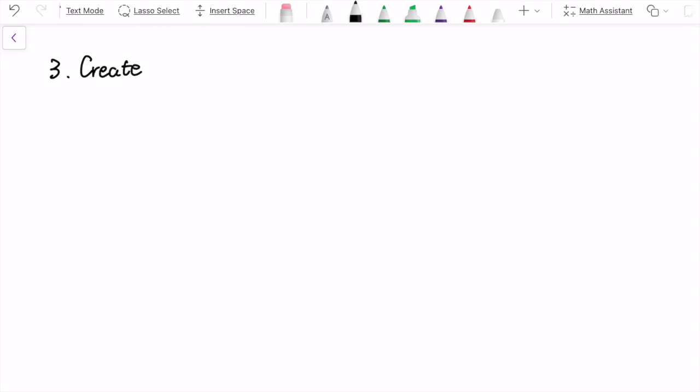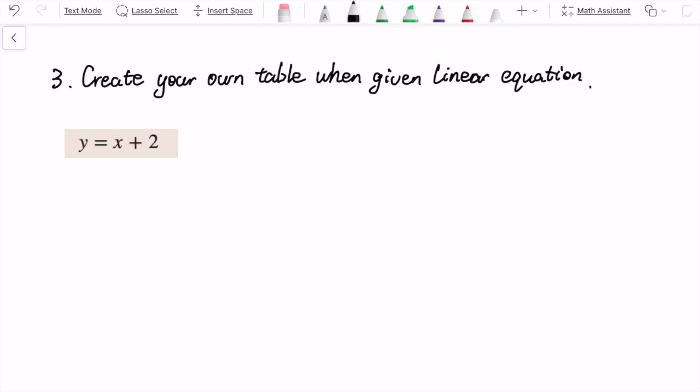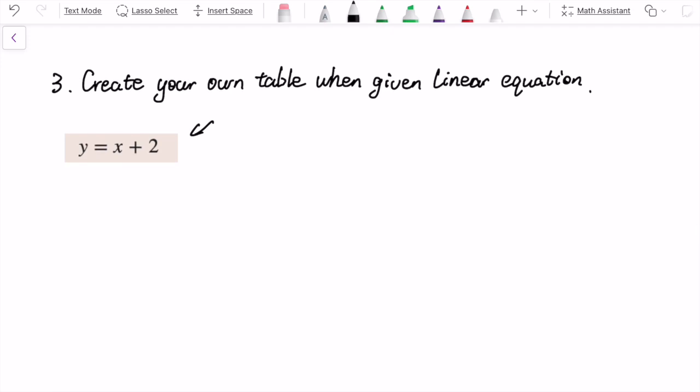3. Create your own table when given a linear equation. Let's give an example of this equation right here. So first, we put x here, draw a line, and the y underneath.